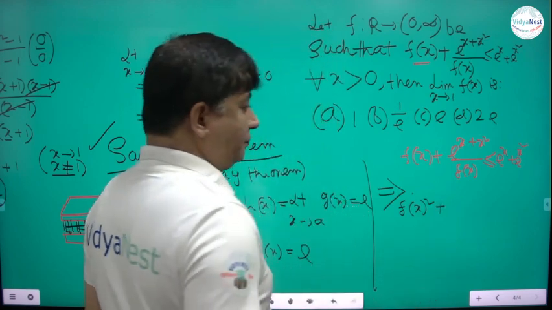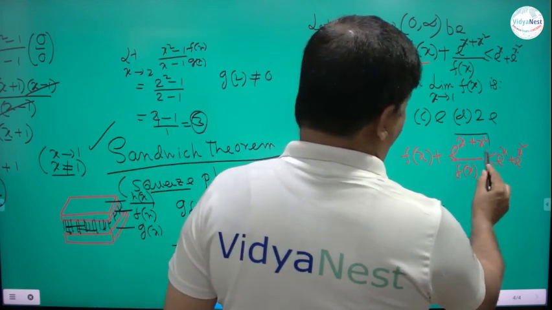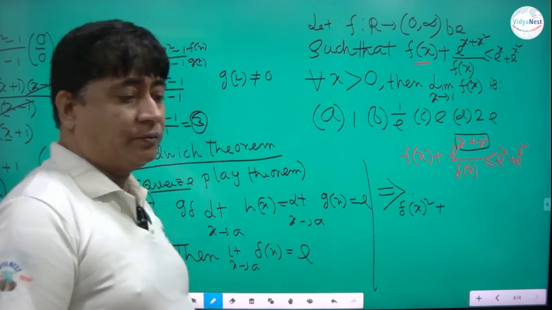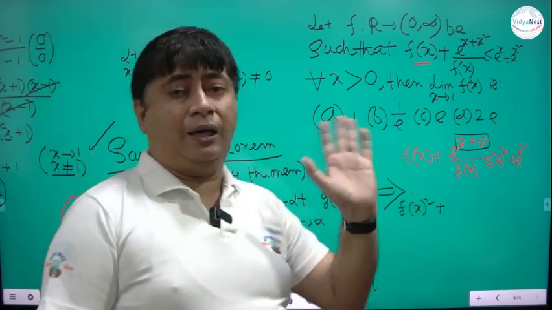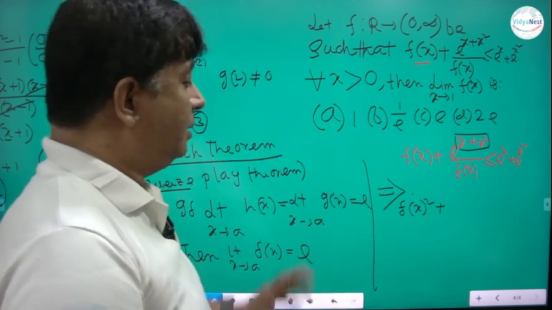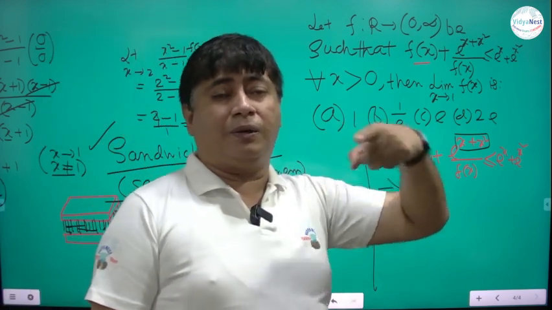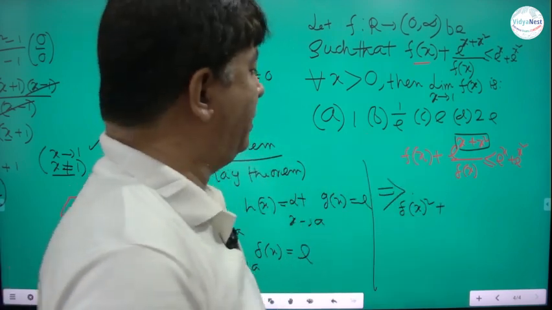f(x) whole square. This implies what? That a to the power m plus n formula. Hope you were taught in class 9 that a to the power m plus n means a to the power m into a to the power n.